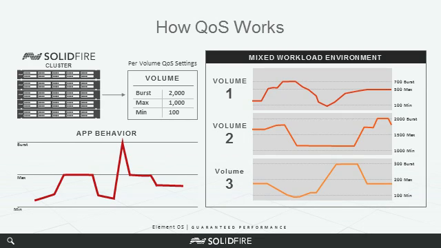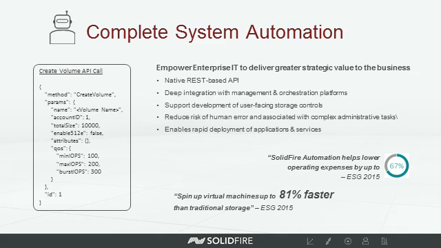So now we've done 2 things together that make for a really unique experience on the storage side. We've allowed you to provision the capacity and performance separately, and then we've guaranteed both the capacity and the performance on a per volume basis.